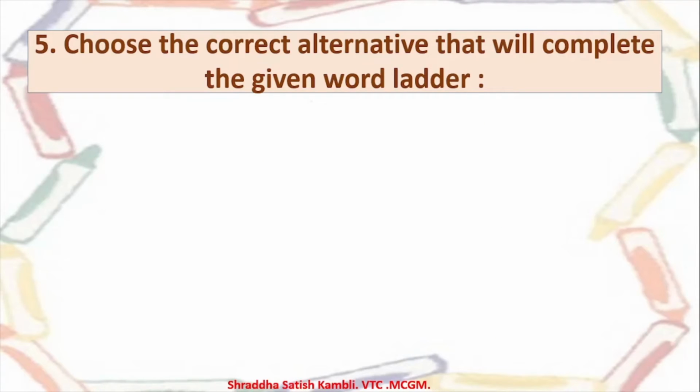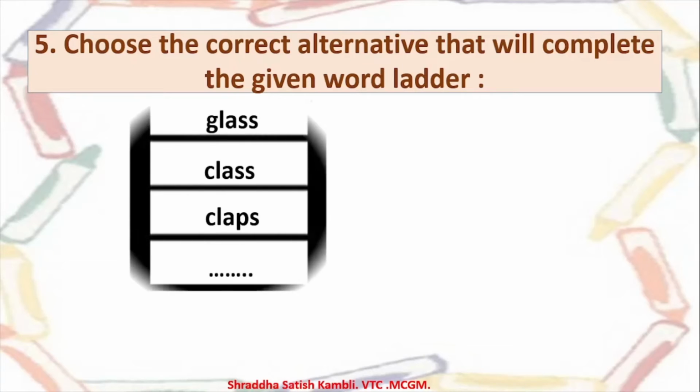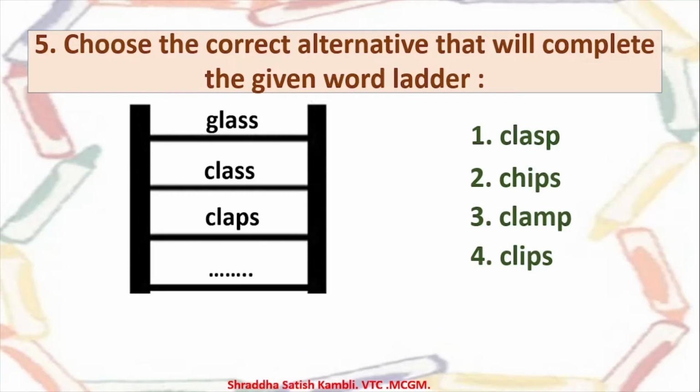The last question in this particular pattern, we have this word ladder for you. So you have glass, class, claps and what? Question mark. These are the option words. So will it be clasp? Will it be chips? Will it be clamp? Or will it be clips.